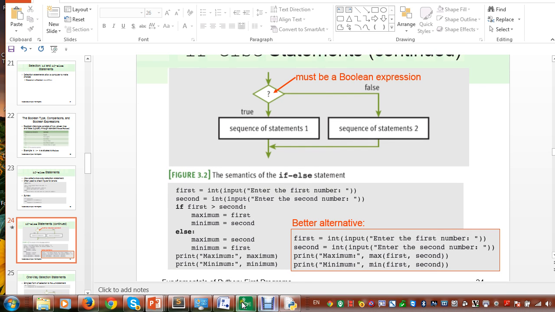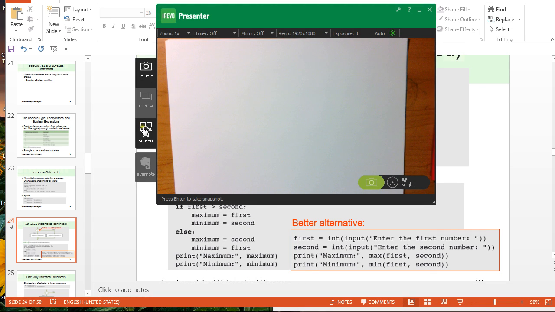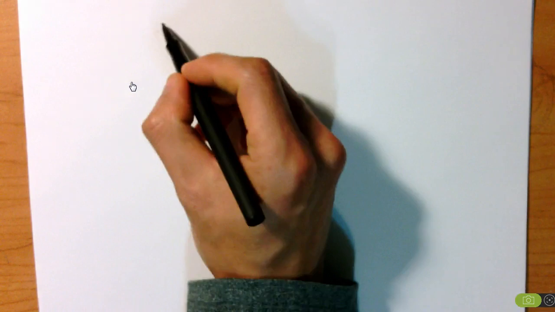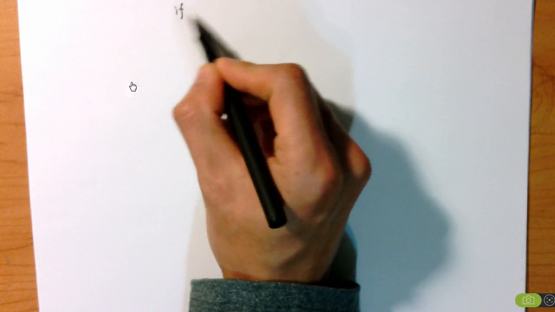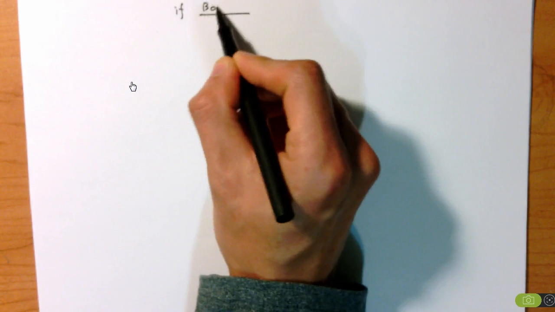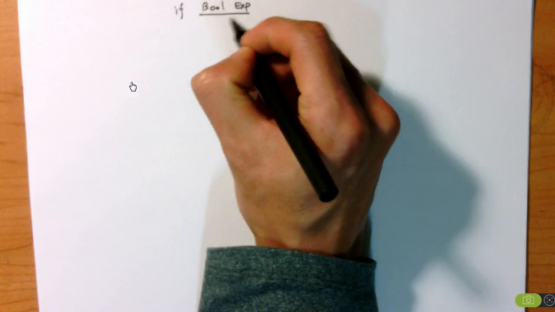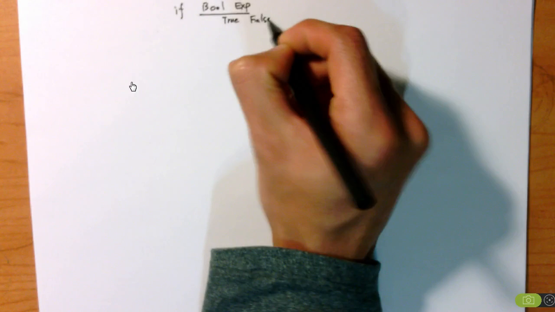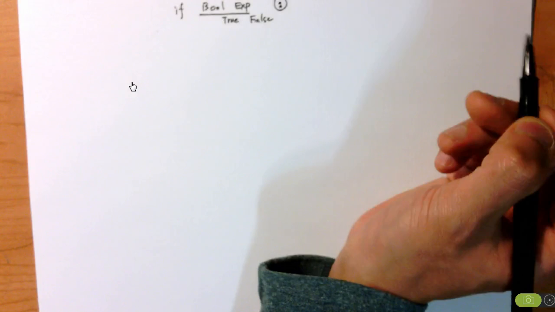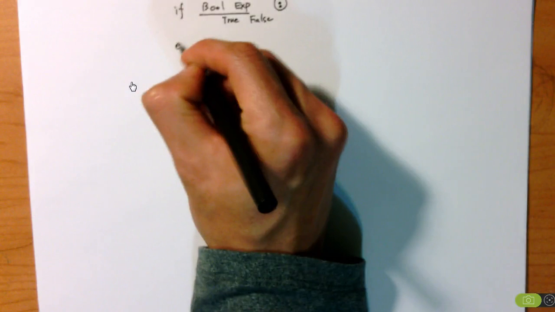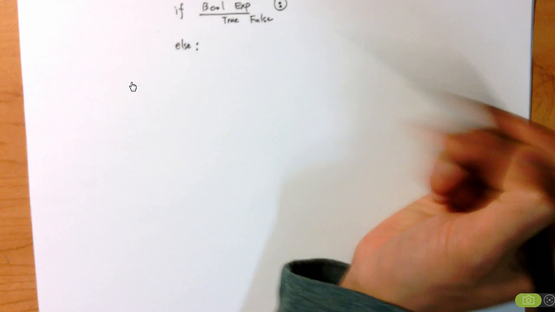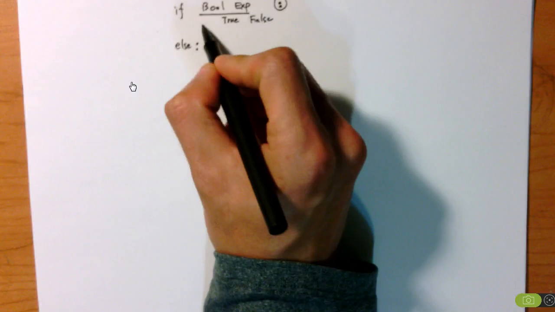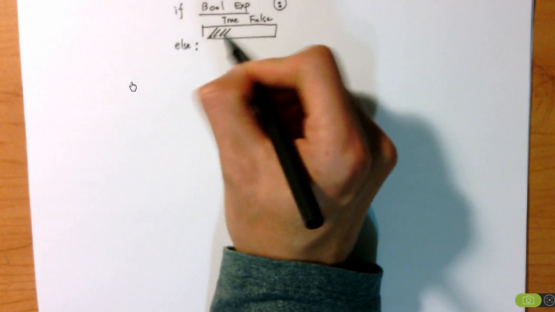So basically the if statement is like this. You have the if keyword, and then there's always a Boolean expression, which becomes either true or false, and then you have a colon, then else, and then a colon.